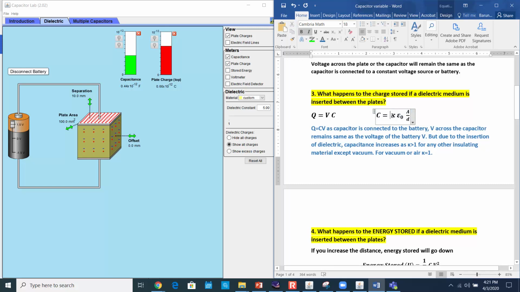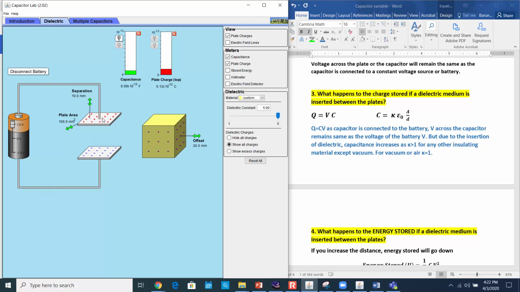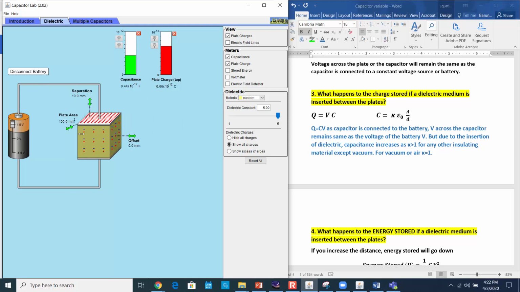So you can see here the capacitance has increased 5 times compared with air as a medium. If the capacitance has increased 5 times, so has the charge. You can also see from the simulation that with air, the amount of charge is 0.13. Once I insert the medium, the charge has increased by 5 times. So the charge goes up, the voltage remains constant, and the capacitance goes up.